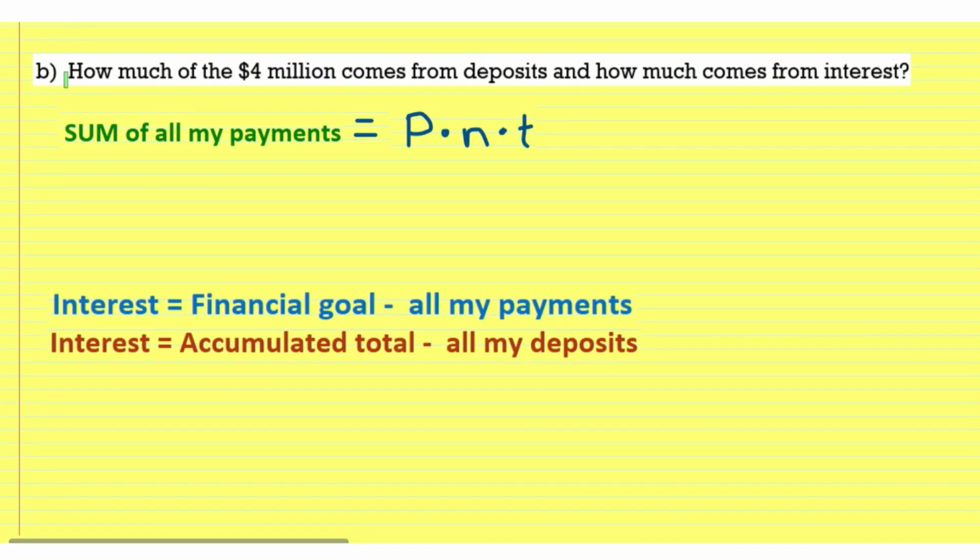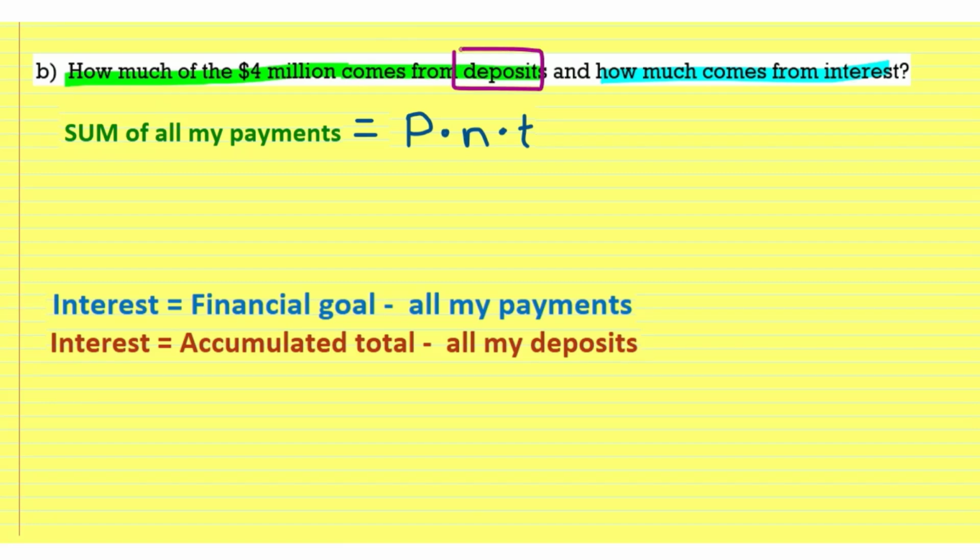Our final question says, how much of the $4 million comes from deposits and how much comes from interest? Well, all of my deposits are the same thing as all of my payments, and I can find the sum of all my payments by P times N times T, where P stands for the payment amount.